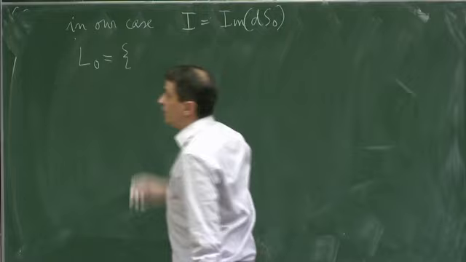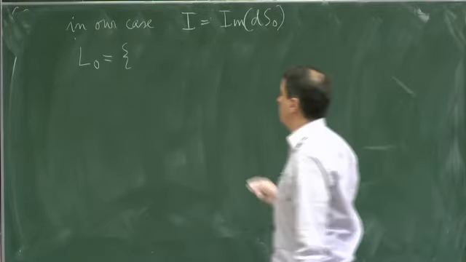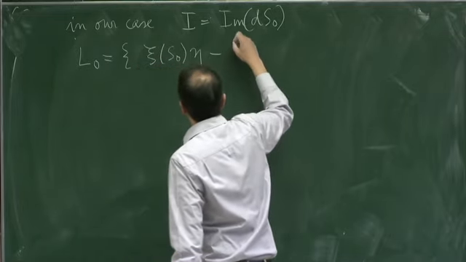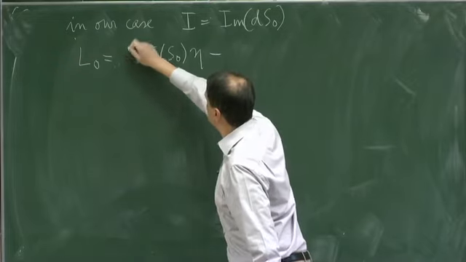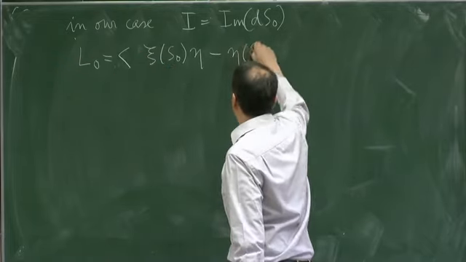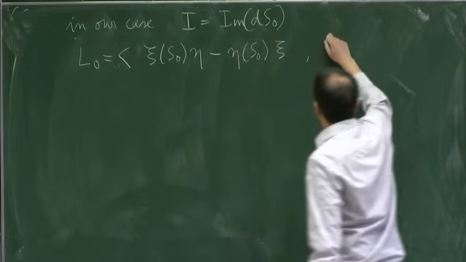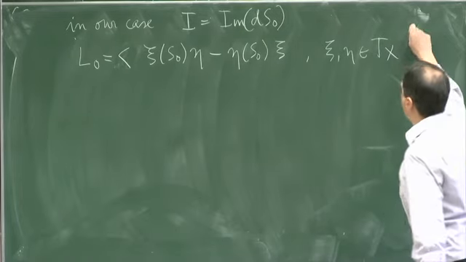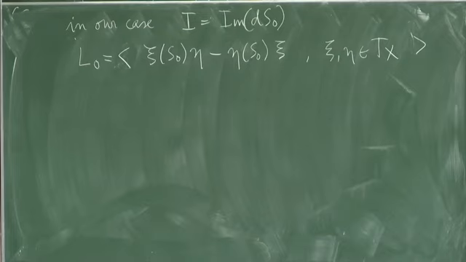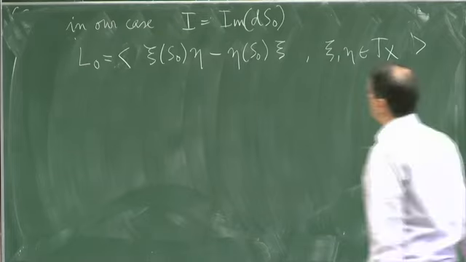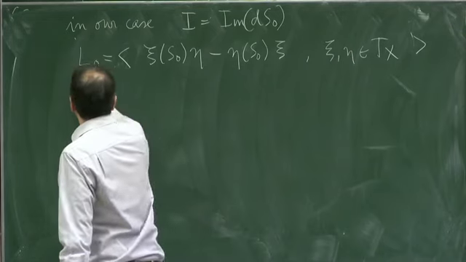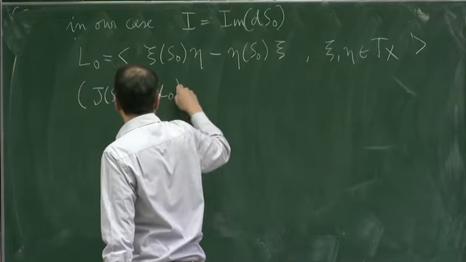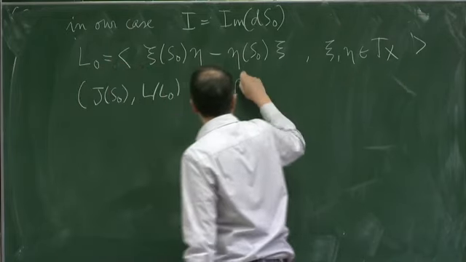If you take any function, there will be stupid vector fields which kill it, namely psi of S0 eta minus the span eta is 0 psi, where psi, eta are vector fields. This is a stupid way to construct symmetries. So now we have the Jacobian ideal, and L mod L0 is a Lie-Rinehart algebra.